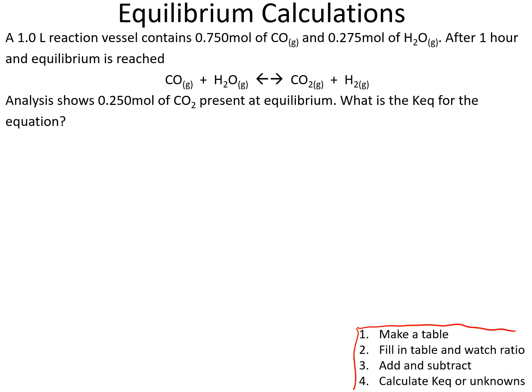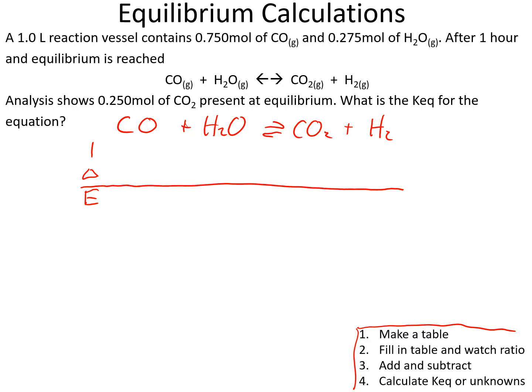I'm going to rewrite our equation out here, and I'm going to make a little bit of a table. I make a table with I being initial. In the textbook, I think sometimes they write C for change, but this also means change.